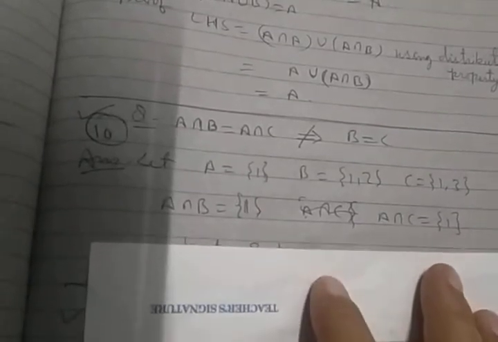Now A intersection B is {1} and A intersection C is also {1}. Both are equal, but B and C are not equal, because B has 1, 2 and C has 1, 3. So that is a small question; they are simply asking for sets A, B, C which satisfy this result.